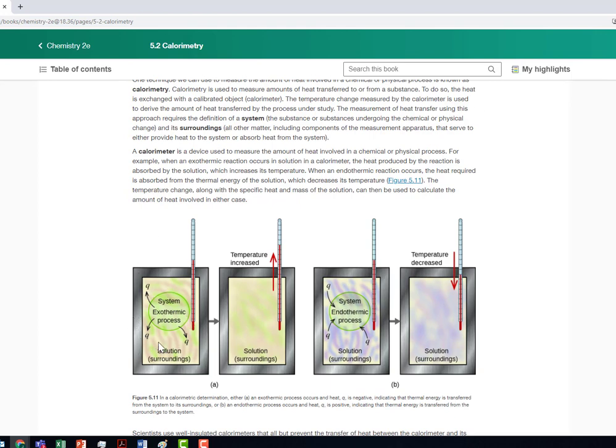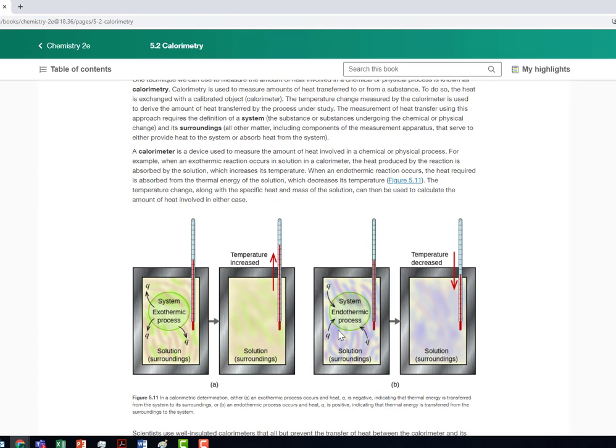So here we're looking at a situation where we have some exothermic process, maybe it's a chemical reaction that's going on, and when that occurs, energy is going out of that process into the surroundings. So we would see an increase in the temperature of that surroundings. Now, if we know what that surroundings is made of, if we know the heat capacity of those surroundings, and we measure the temperature change, we can measure Q. We can measure the heat going into the surroundings.